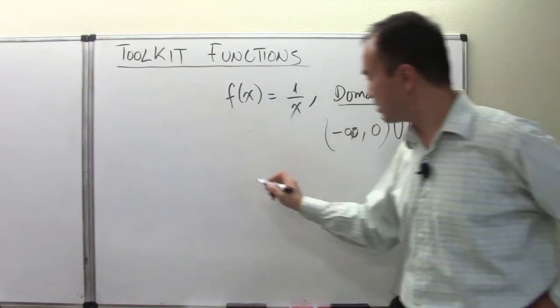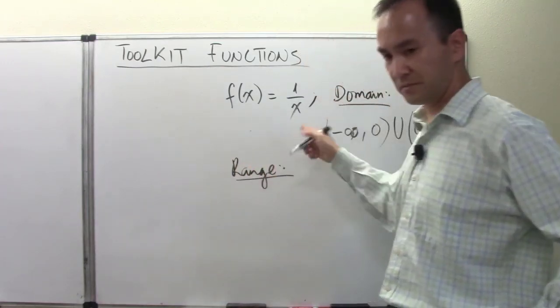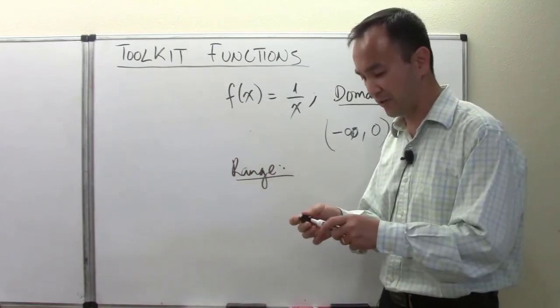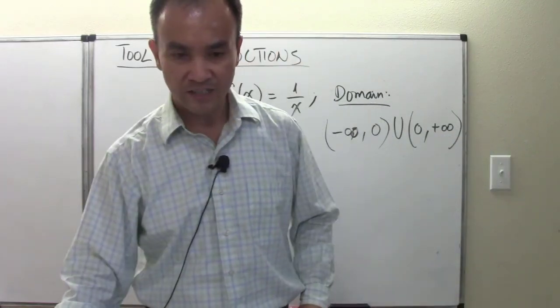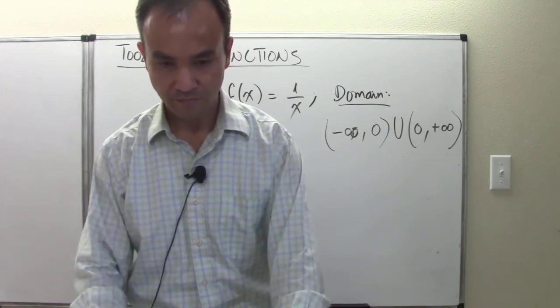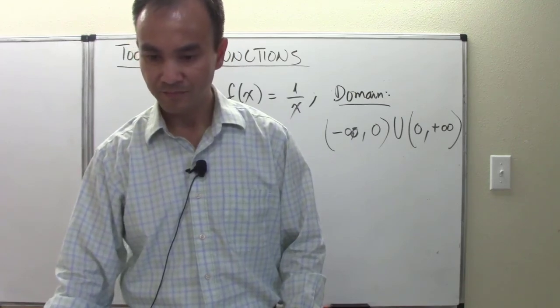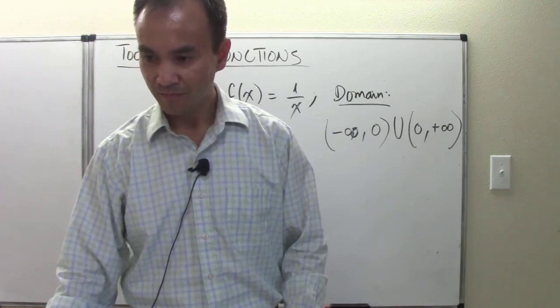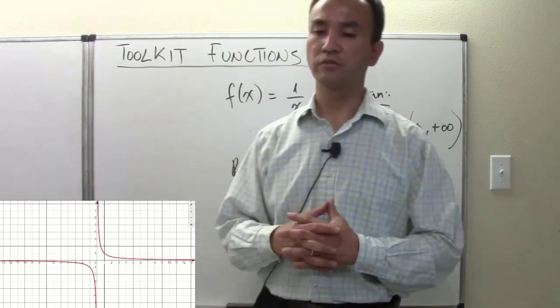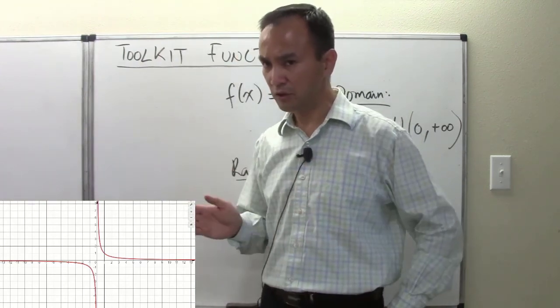So now what about the range? Let me bring up the graph for this function right here. The graph looks as follows. All right, so this is the graph of our function, the same graph we have seen quite a few times up to this point.